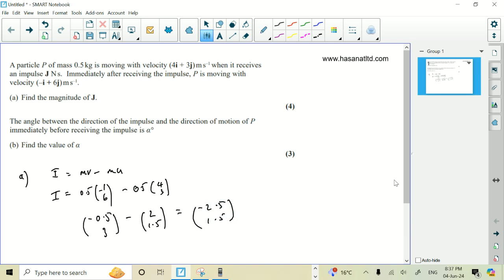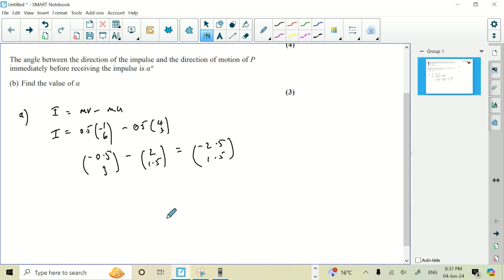And to find the magnitude, well, we've got the root of, so magnitude is equal to the root of 2.5 all squared plus 1.5 all squared.